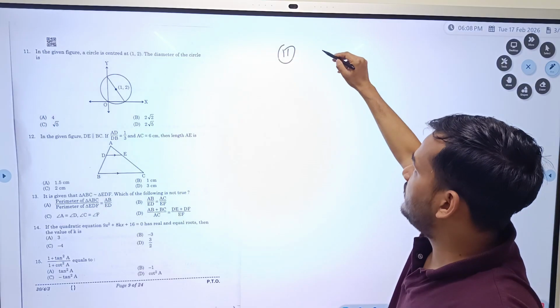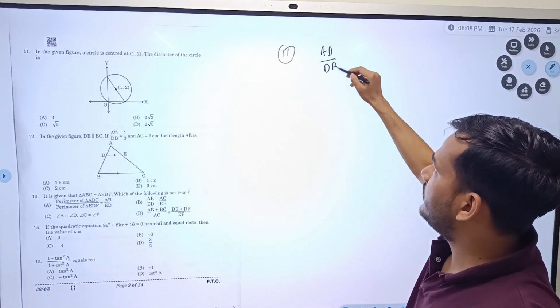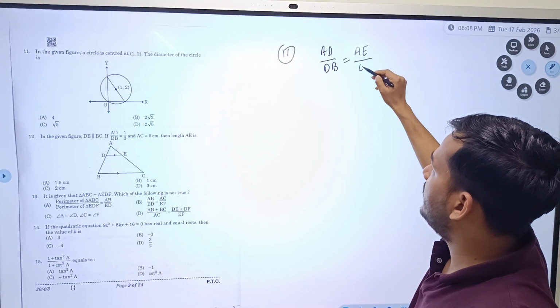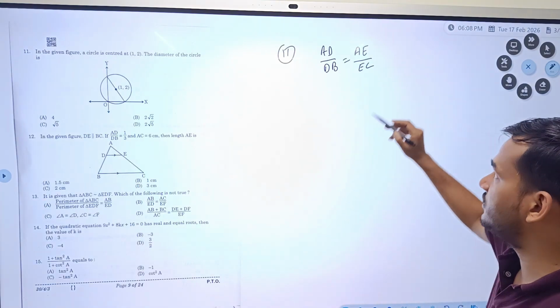So using BPT, AD upon DB is equal to AE upon EC, and AD upon DB is given as 1 by 3.